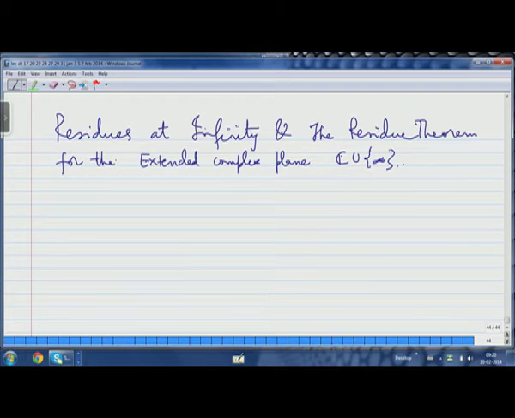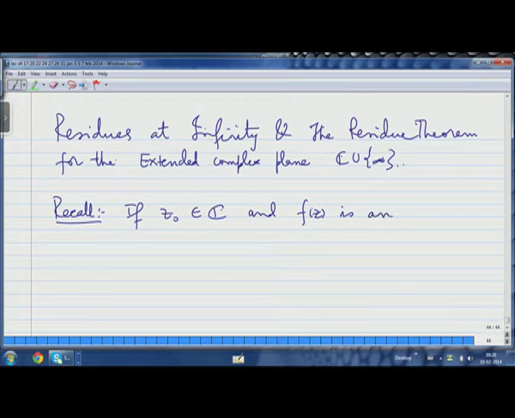So let me begin by recalling what the usual idea of residue is. Recall, if z0 is a point in the complex plane, and f of z is analytic in a deleted neighborhood of z0, then I am saying that z0 is actually a singular point.